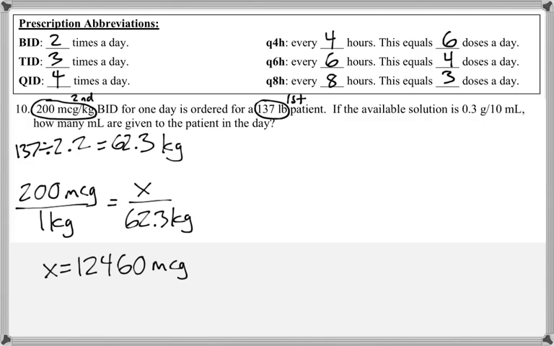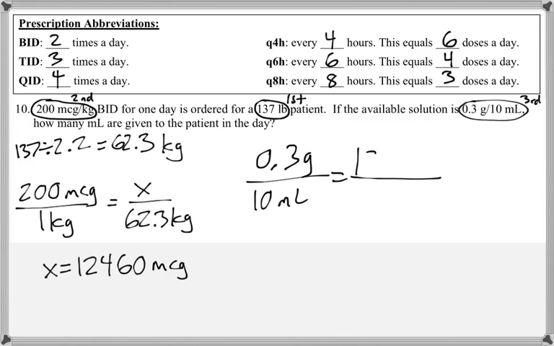Then I want to find out how much liquid this is going to be. So 0.3 grams over 10 mLs, and I'm setting this equal to 12,460 mcg over x. I cannot solve this yet until I convert.